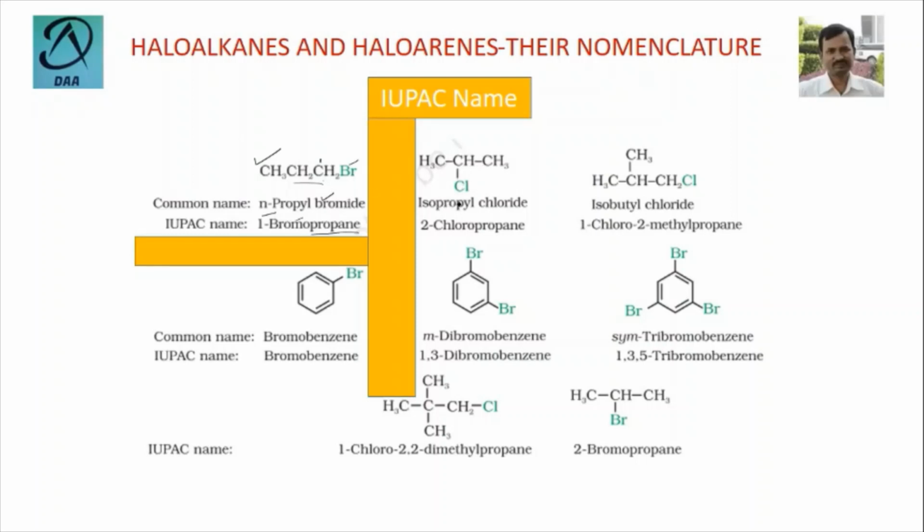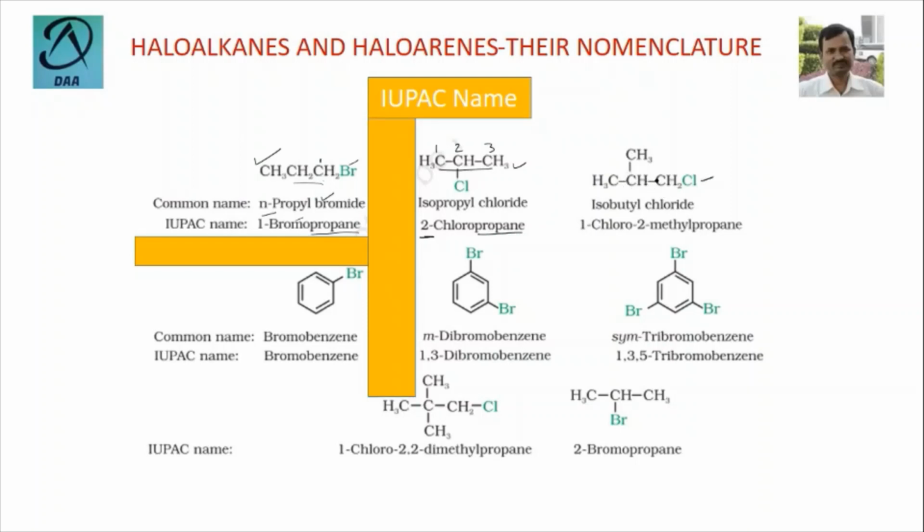Similarly, for isopropyl chloride, this is the formula CH3CHClCH3. In this case, it has three carbons, so it is propane, and from where you start the carbon numbering, it is the second position, so it is called 2-chloropropane. And in the third case, this is the formula of isobutyl chloride.